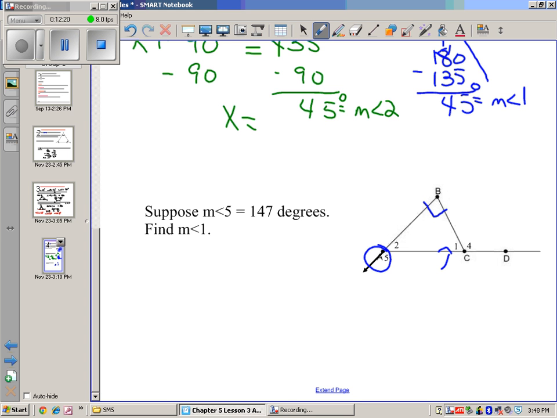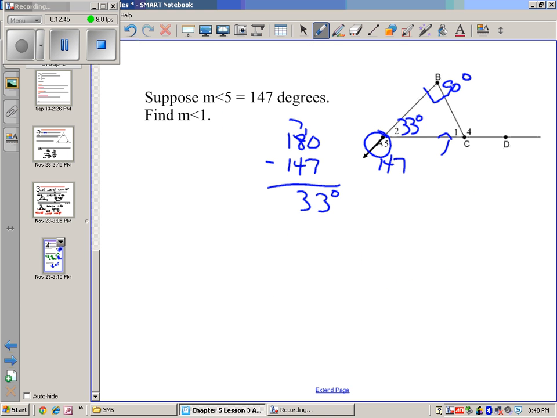So, first of all, if measurement of angle 5 is 147, let's take 180 minus 147. 33. So angle 2 is 33 degrees. This angle right there is 90 degrees. And now we just have a simple formula.